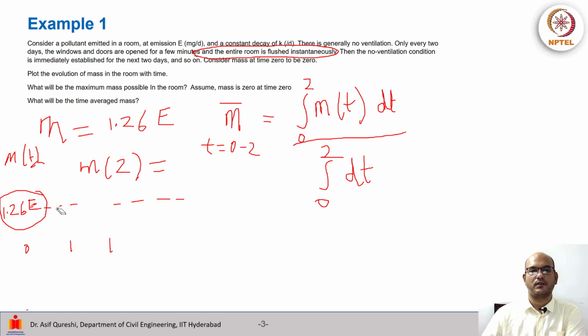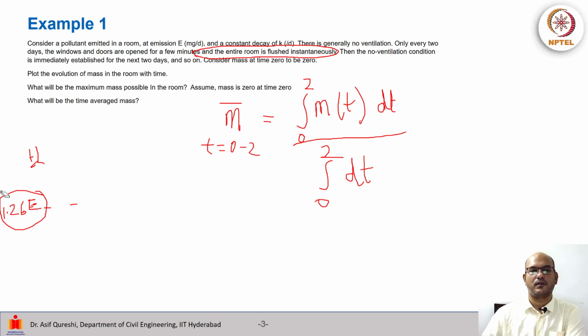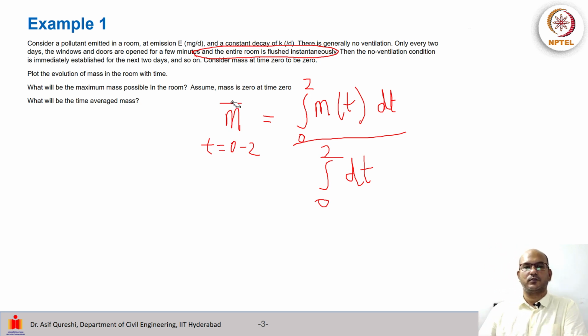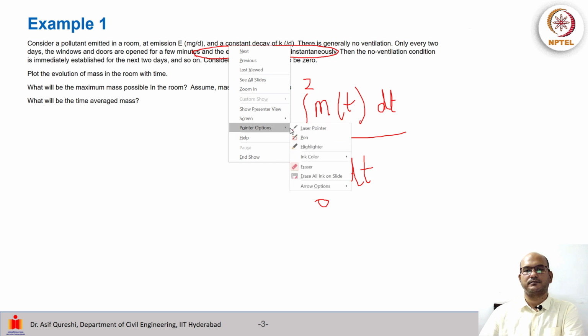So here we have to integrate the mass equation. This equation we have to integrate.